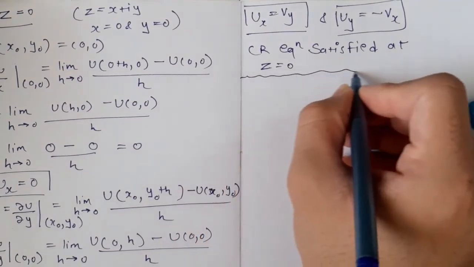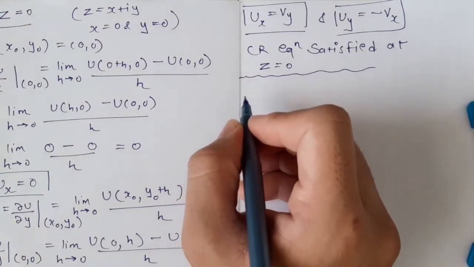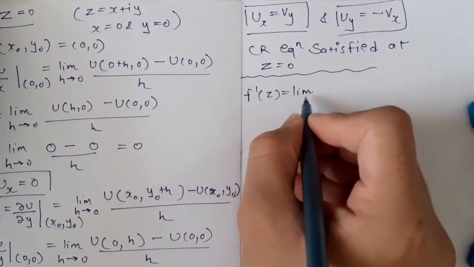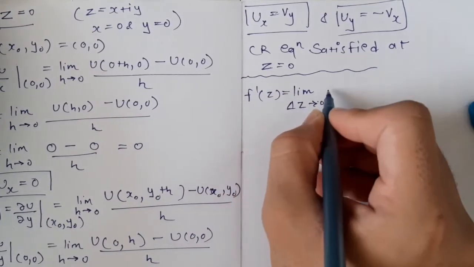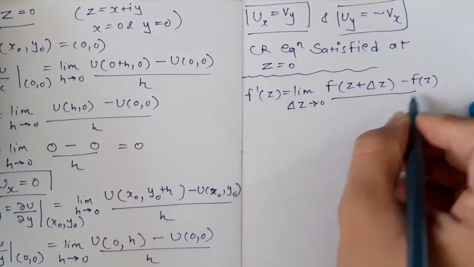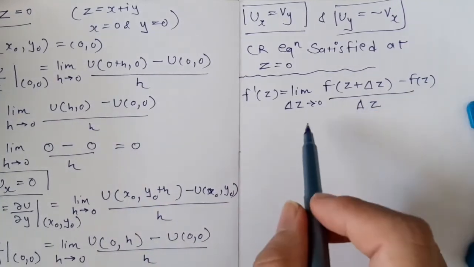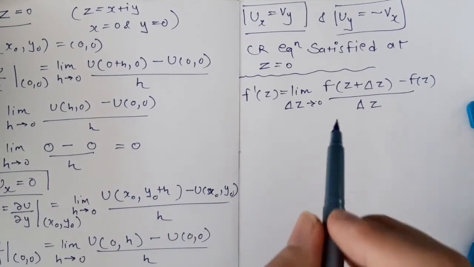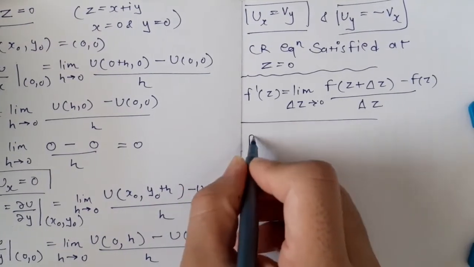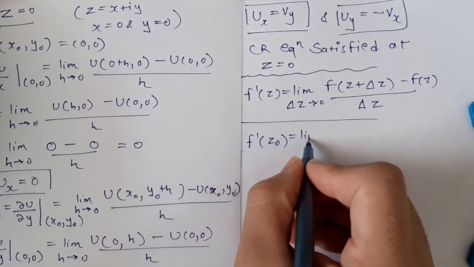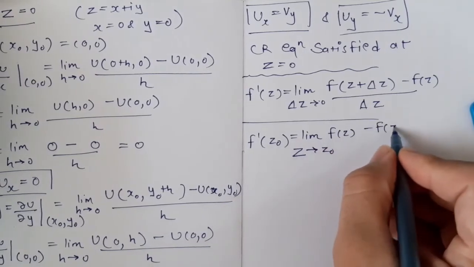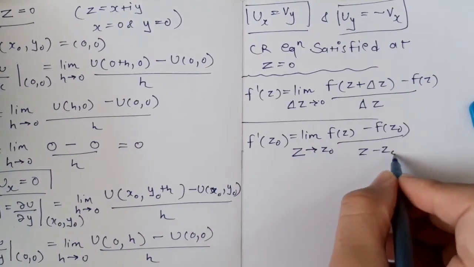So now we know, according to the definition of differentiation, that f dash z equals to limit delta z tends to 0 of f of z plus delta z minus f of z upon delta z. This equation is true when we don't have the point at which we have to differentiate the function, but here we have the point, so we will use this equation, that is f dash of z0 is equals to limit z tends to z0 of f of z minus f of z0 upon z minus z0.